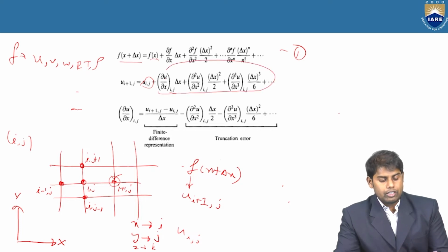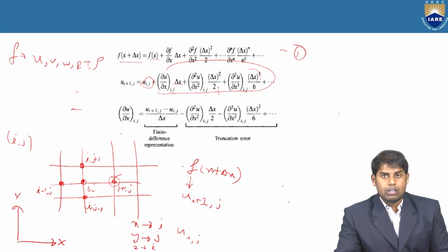Here you can see the terms dou u by dou x at i comma j into delta x, dou square u by dou x square into delta x square by 2 factorial, and dou cube u by dou x cube at i comma j into delta x cube by 3 factorial, that is 6. So this is the concept of Taylor series expansion.